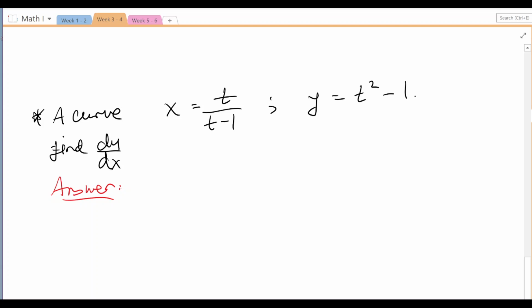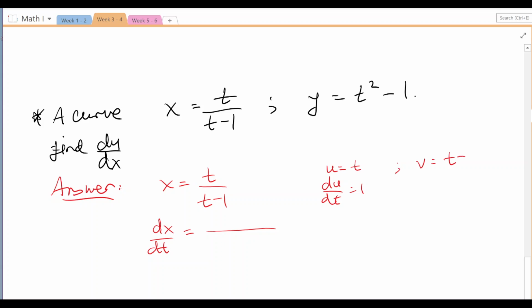So we can start by finding dx over dt. We have x equals t over t minus 1, so we apply the quotient rule. Our u equals t, therefore du over dt equals 1, and our v here is t minus 1, and therefore dv over dt is also equal to 1.